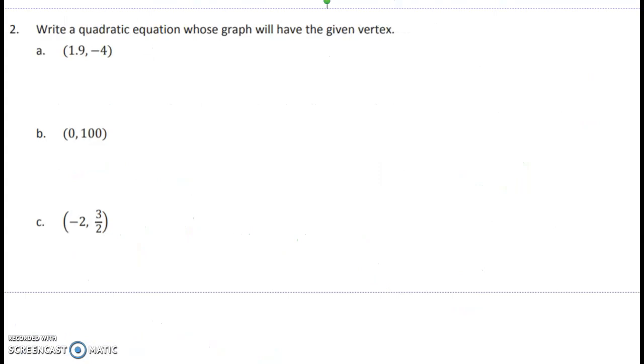Moving on, given a vertex, now we can write an equation. The a value does not affect the vertex whatsoever, and we'll talk about the a value in a little bit. So my equation means I have to have y equals. It doesn't tell me I have to write an a value, so I'm not going to at this point.